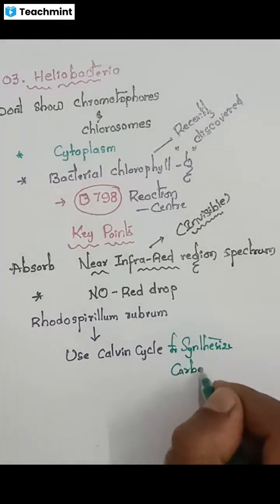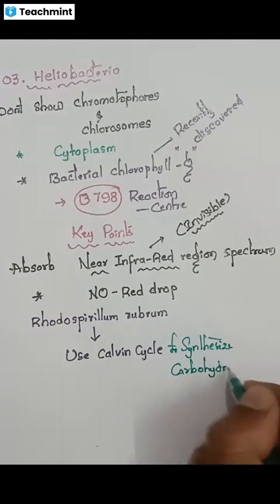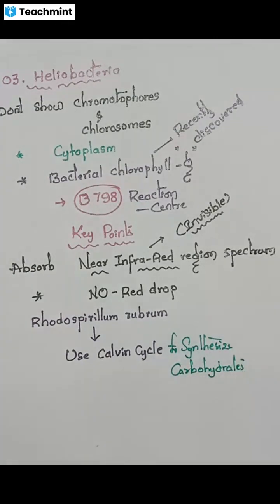The Rhodospirillum rubrum uses the Calvin cycle for synthesis of carbohydrates.